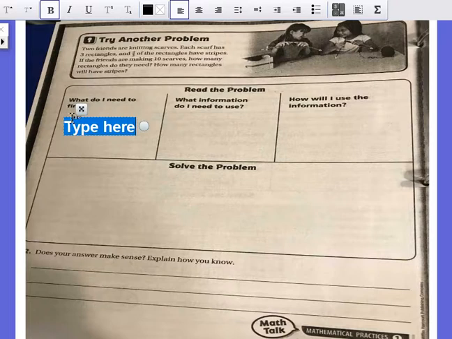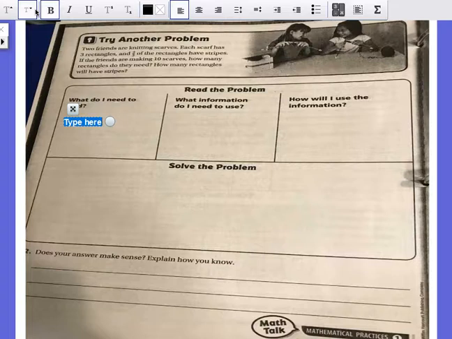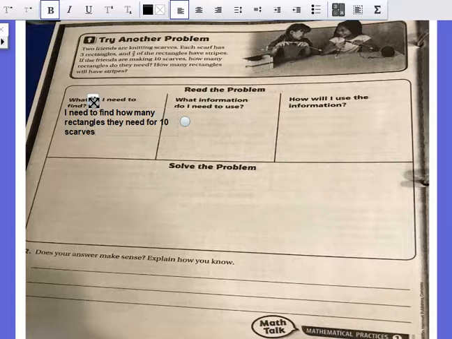So the first part says, what do I need to find? We're going to look at the end of that and find the 2 questions that we have. So I need to find how many rectangles they need for 10 scarves, and how many rectangles will have stripes.